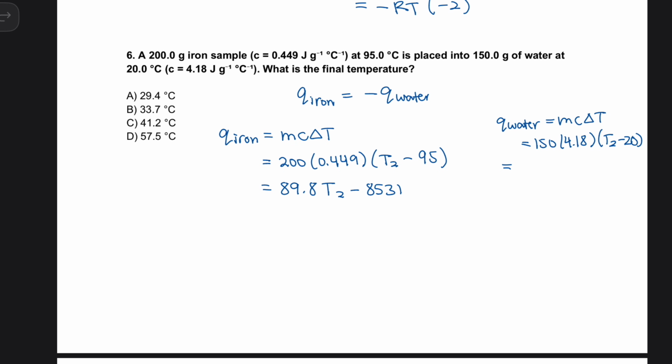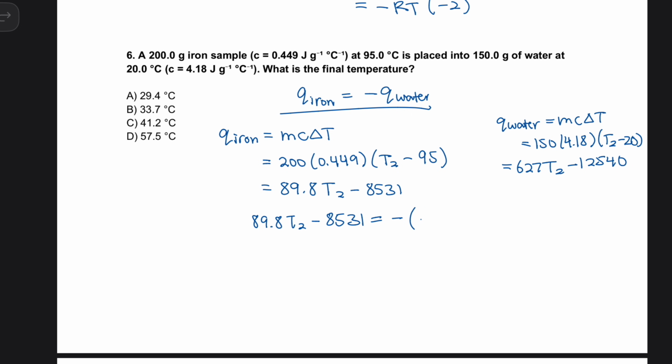Simplify this out and we'll get 627 times T2 minus 12,540. And then because I'm going to go back to this first formula here, we can say that the Q of iron equals negative Q of water.